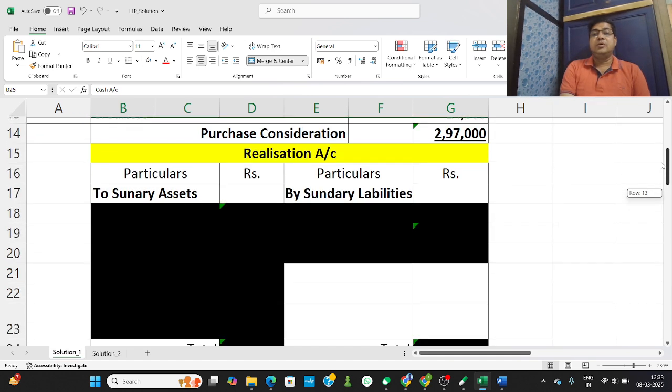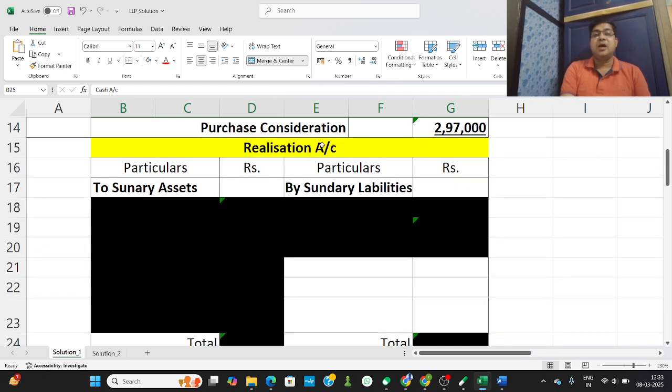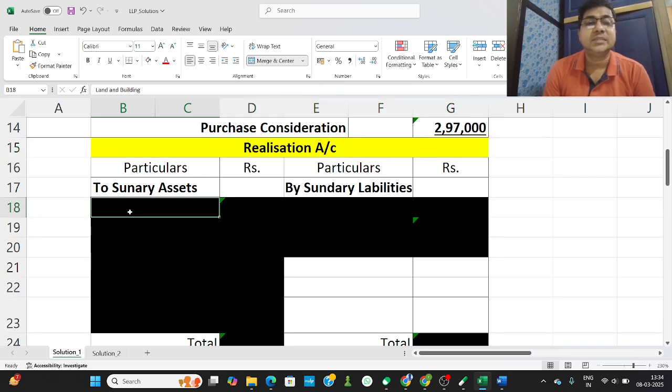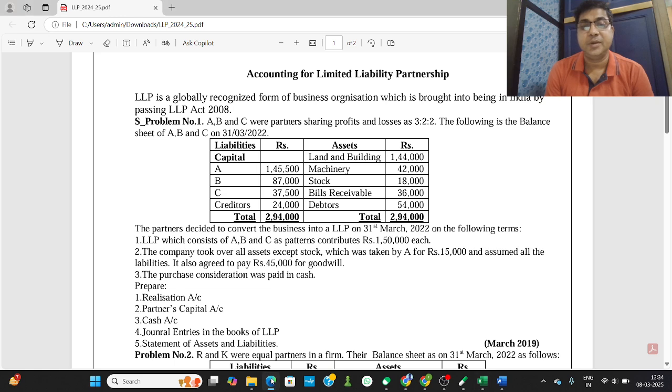Now whenever we have to prepare the realization account, you know that we studied the amalgamation, whatever assets are there at book value, all assets we have to debit to the realization account, and all liabilities we have to credit. So whatever assets are there, we have to debit. What kind of asset?